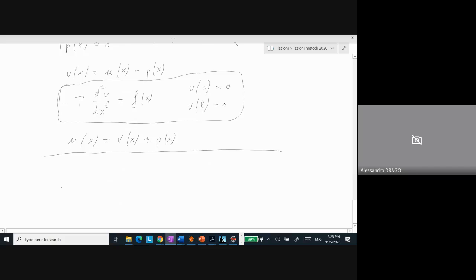Let's say the equation, for instance, of the waves, which could be written as there was an A that is really irrelevant, there was the density, rho of x, second derivative of u with respect to time squared. So let me tell again, we are considering the homogeneous part of the equation, but we are discussing also the time-dependent part, okay?